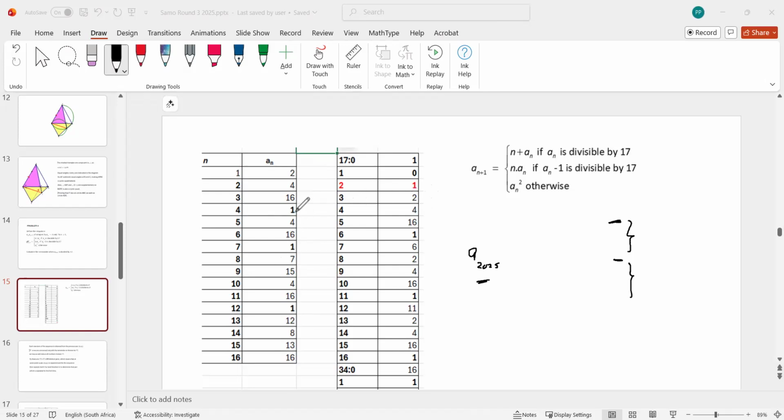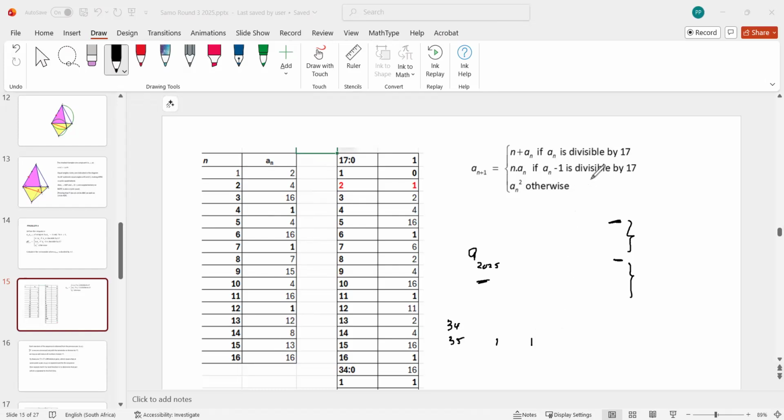Here I've got 4, 1, 12, 1, 2, 1, 6, 1, 11, 1, 16, 1. Oh, there's something else. It's hidden here. Actually, the 36th one, 34, 35 is 1, 1.